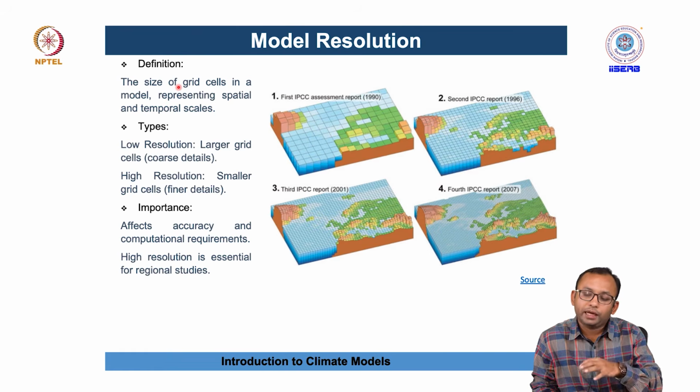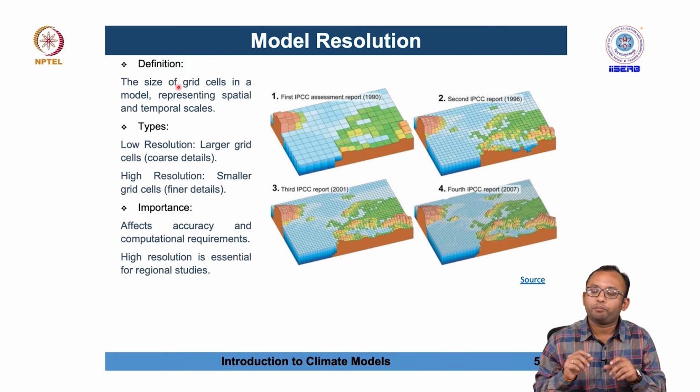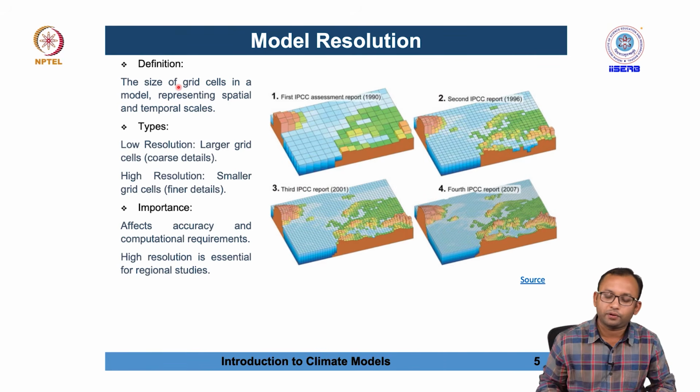When we are applying it at a very regional scale, then we can downscale, or lower the grid cell size into very fine resolution, so that we can have more detailed process interaction for different areas. So the size of the grids in the model represents the spatial and temporal scales.